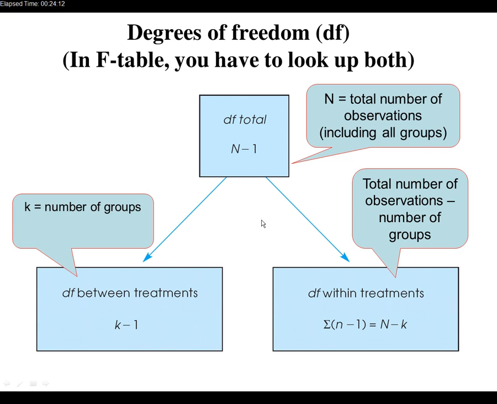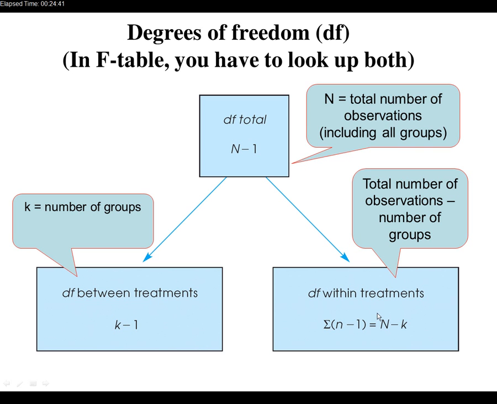Okay, the degrees of freedom, in an F table we have to look up both of them. Okay, so this is the way it works. The degrees of freedom total is N minus 1, all right, and what am I saying here? N equals the total number of observations, including all groups. The degrees of freedom between the treatments are k minus 1, and k is the number of groups, so it's just the number of groups minus 1, and the degrees of freedom within treatments.